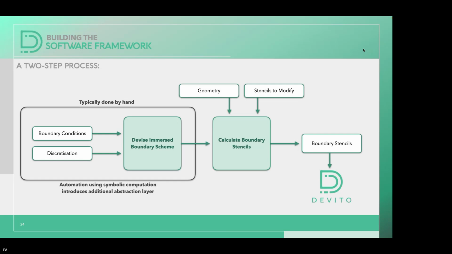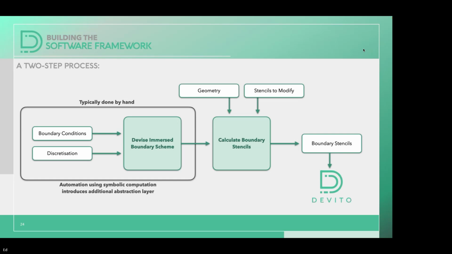If you're not familiar with that, you have objects that act like symbols as you write them on paper, and you can take derivatives and substitute them and so on. You just need to feed in boundary conditions, a discretization, geometry, and some stencils to modify, and this framework will spit out the modified operators that implement the immersed boundary you asked for.